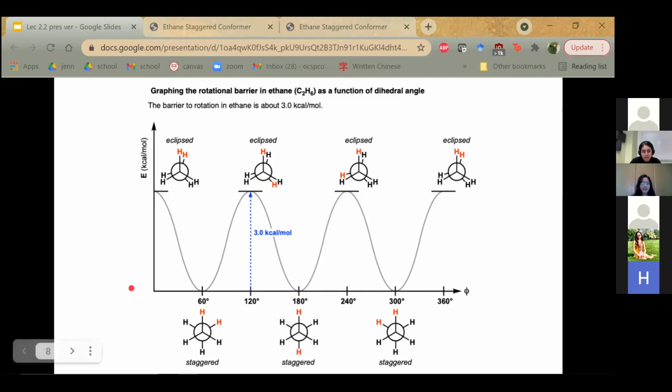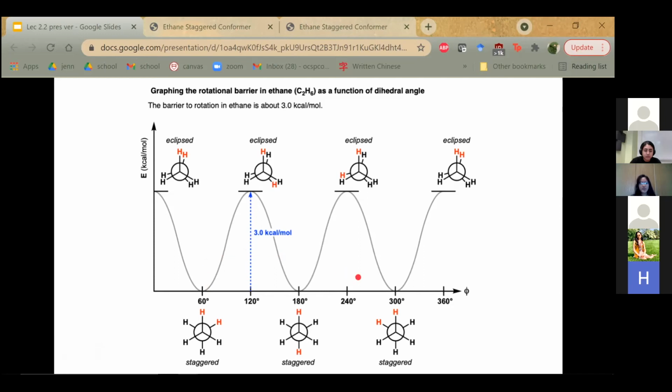Also keep in mind this y-axis is your energy level, but it's just relative energy, and it's not actually labeled. So this staggered conformation looks like it has an energy of 0. That's not accurate. It's just lower energy relative to the eclipsed. If you drew this line starting at the x-axis or even a little higher, those wouldn't be wrong, because this is just relative energy.